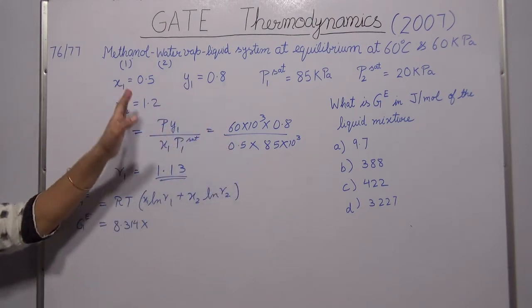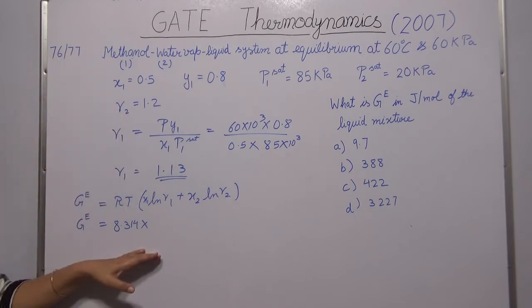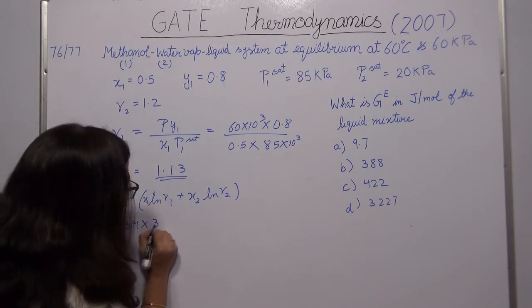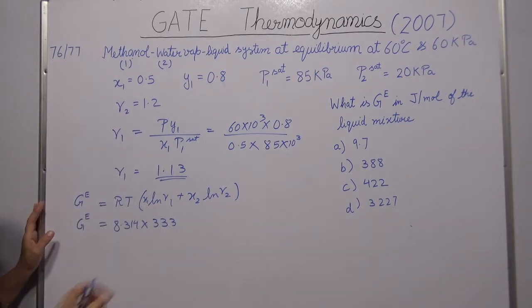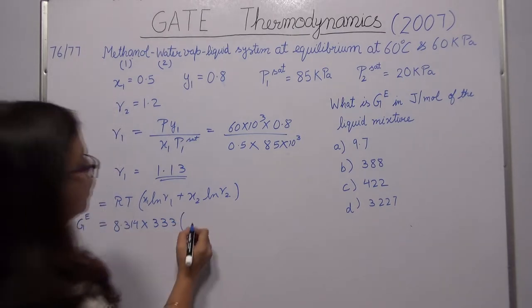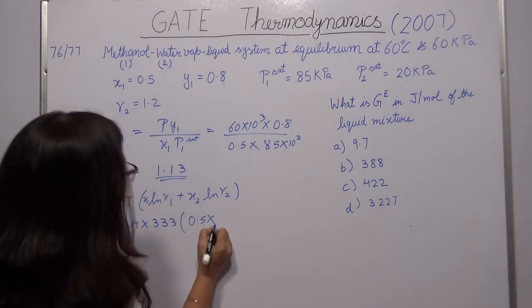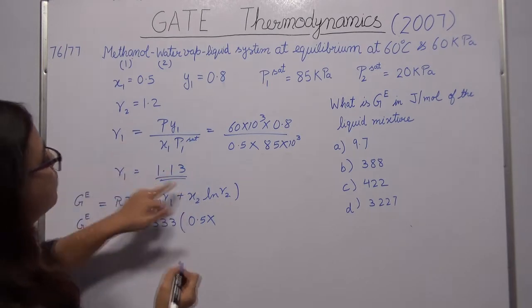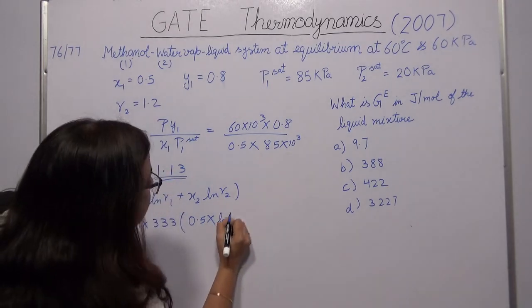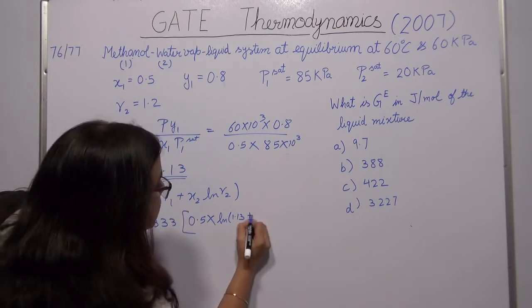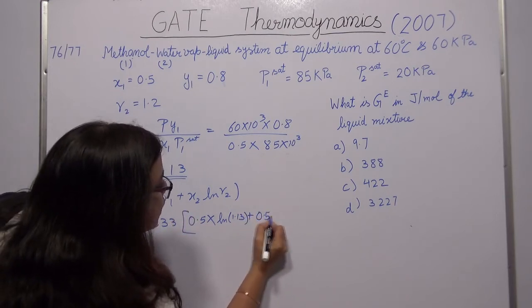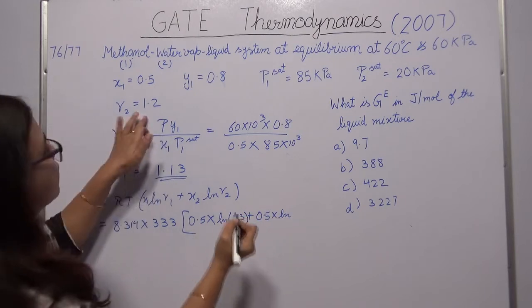Always remember to convert your degree centigrade into Kelvin. So 60 degrees centigrade will be equal to 273 plus 60, that is 333 Kelvin. X1 is 0.5 into ln of 1.13 plus 0.5 into ln of 1.2.